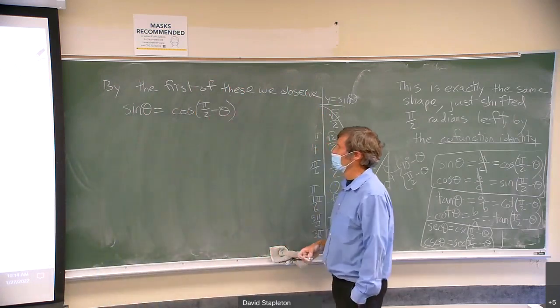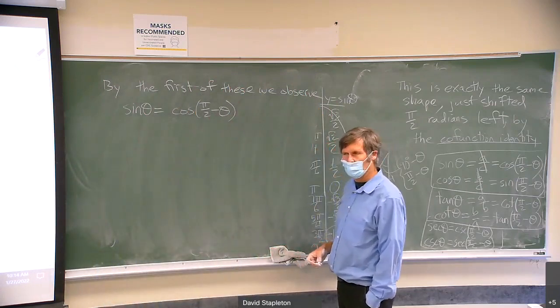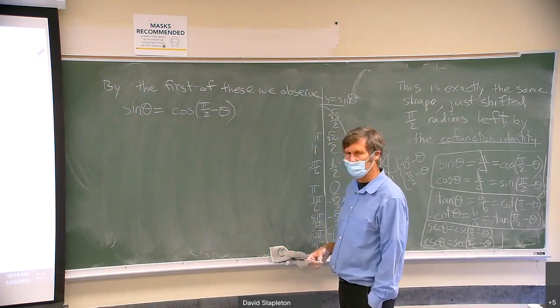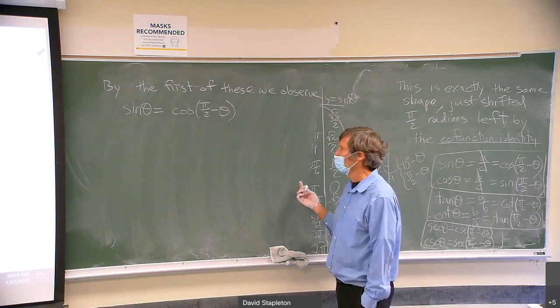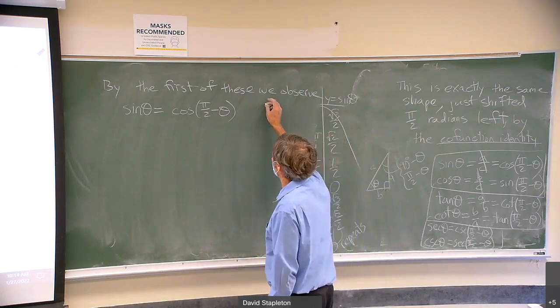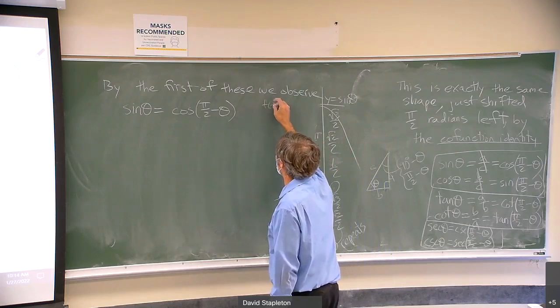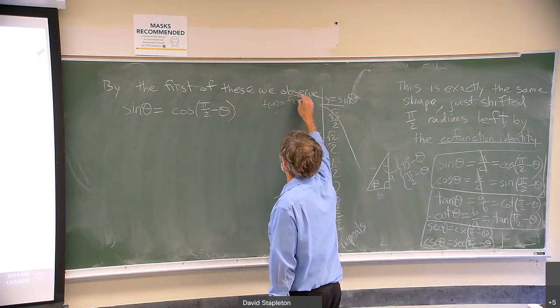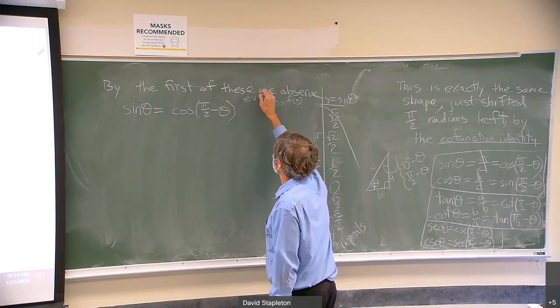That's the cofunction identity. And now we also know that cosine is an even function. Remember what even means? The cosine of a negative angle is the same as the cosine of a positive angle, right? A function is even if f of minus x is equal to f of plus x. So we use the even identity.